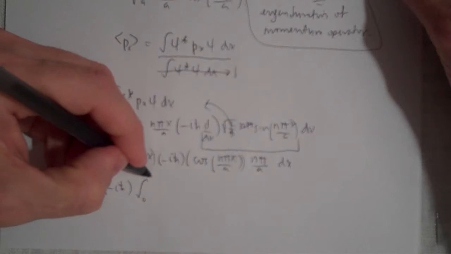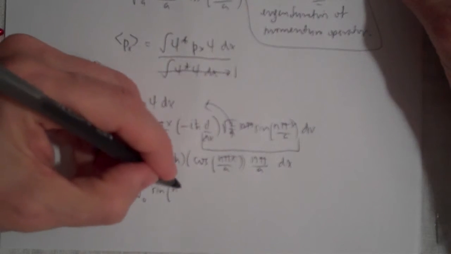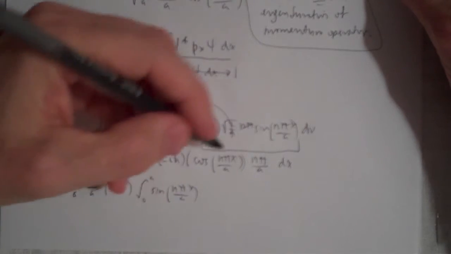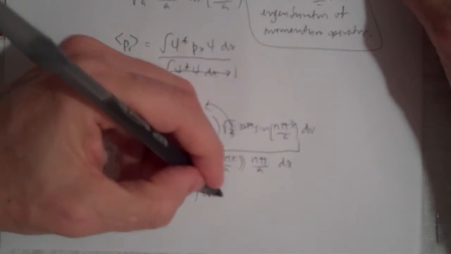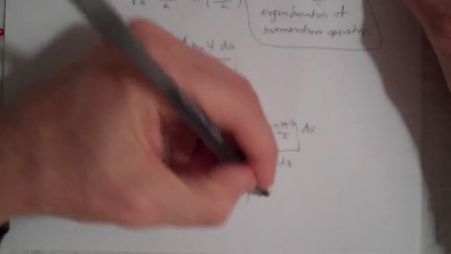Alright, 0 to a, sine n pi x over a, cosine n pi x over a dx.